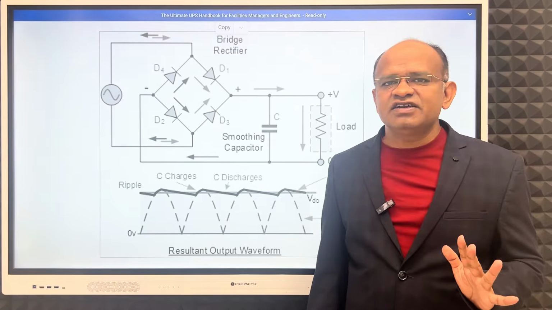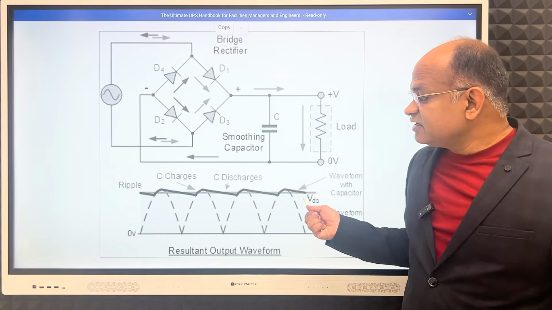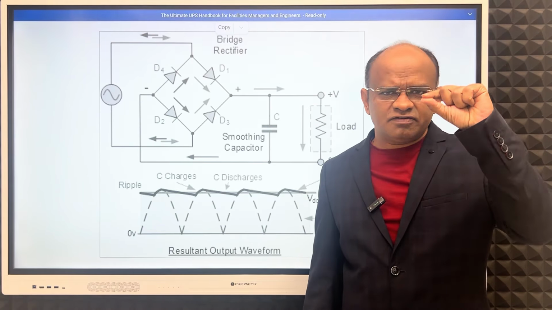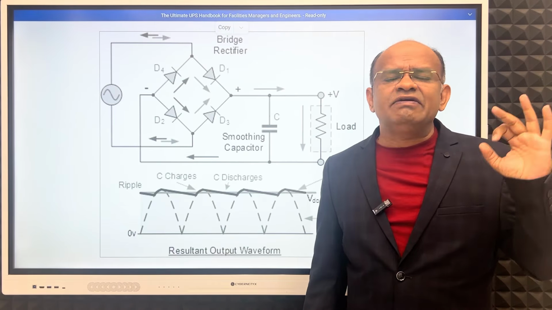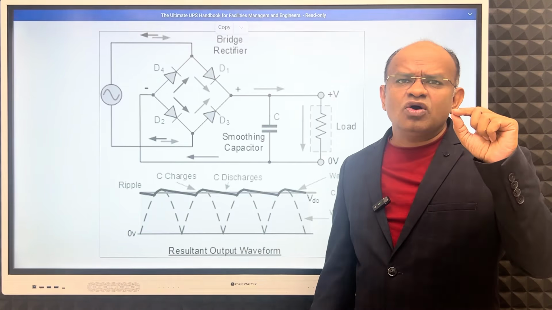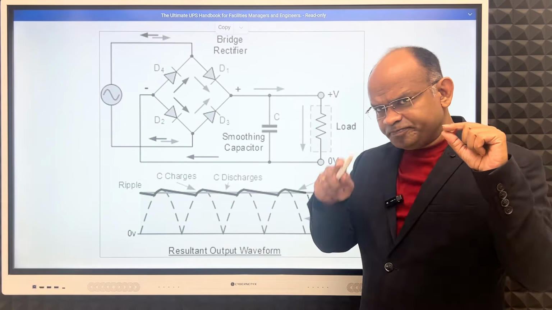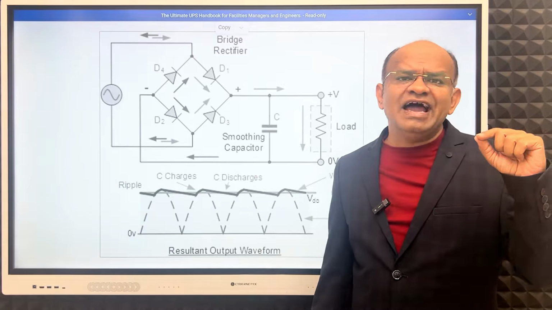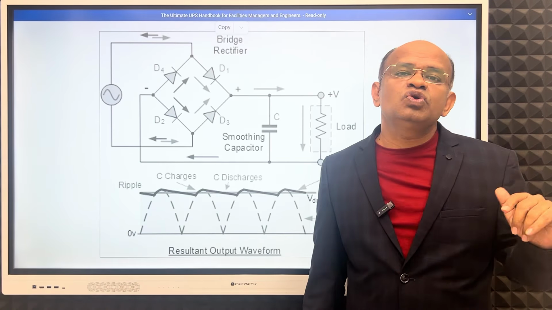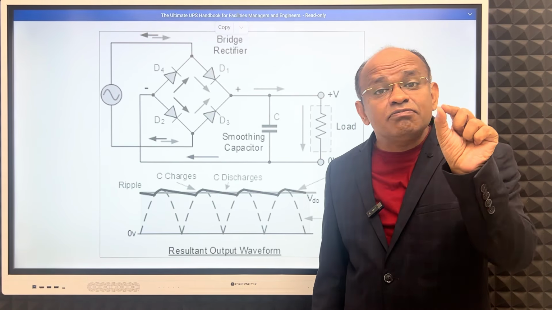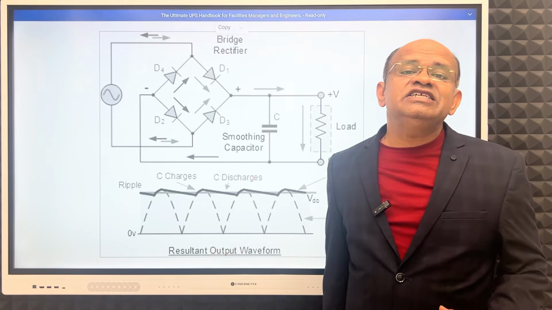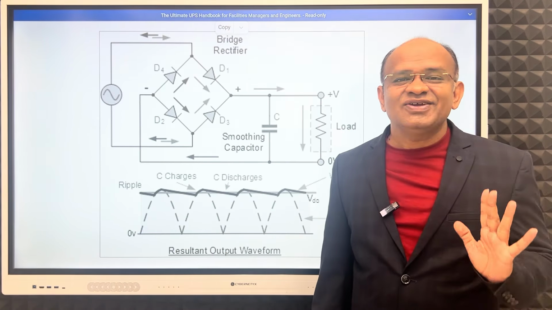You will use more filters and then it will be filtered to a straight line. There will be very minute pulsation, I will not say none, but the distorted line will be very minute, and that is okay because our equipment will not know that it is pulsating at a micro level. So in this way the bridge rectifier works. You got it, right?